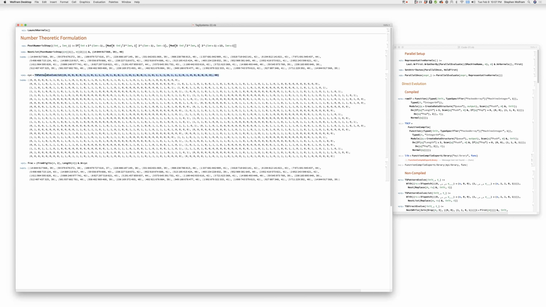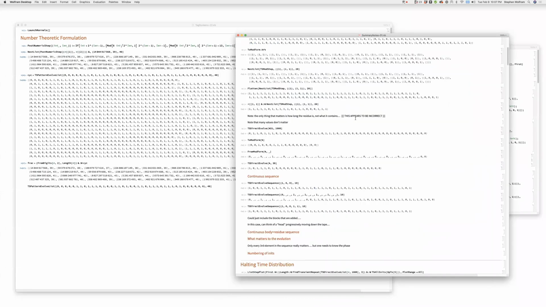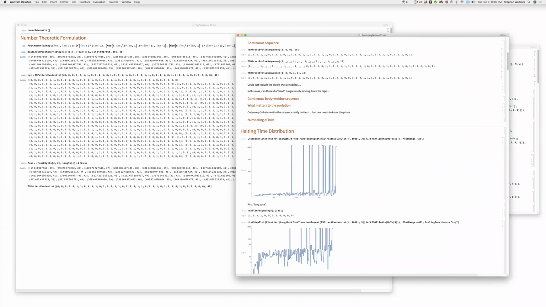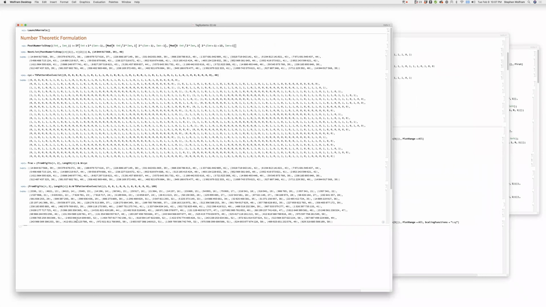Mm-hmm. Let's try one of the big ones. Okay, that's 100 steps of that.